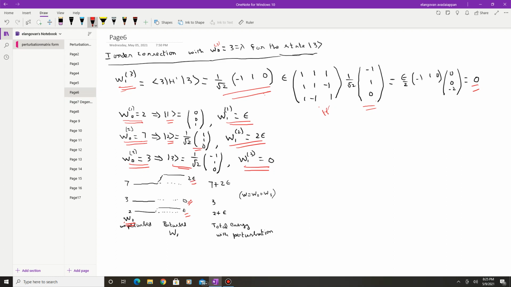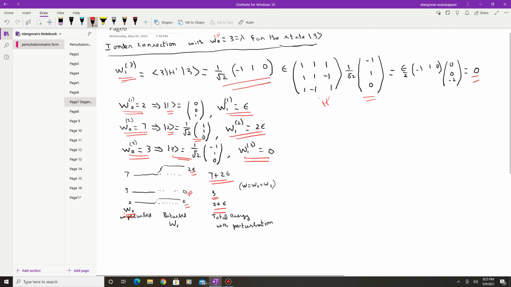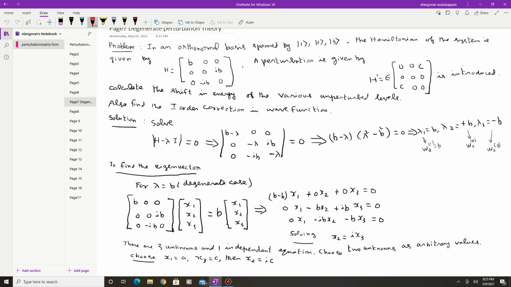So the total energies are 7 plus 2 epsilon, 3, and 2 plus epsilon. So you can calculate the energy up to the first order. Now let us discuss the problem where the perturbation is not diagonal. This is perturbation theory.